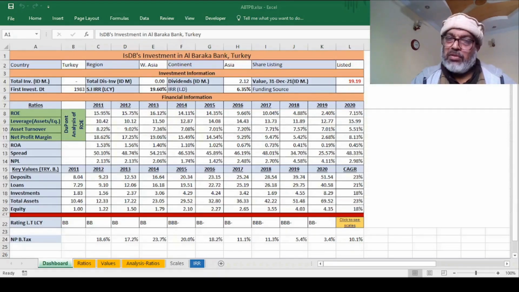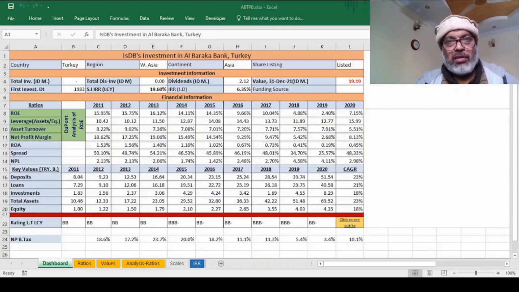It was investment in 15 banks all over the world, including in Pakistan, in Turkey, in Eastern Europe, and in Africa, Middle East, and Gulf. And these were 15 banks. I'm going to show you one of the banks.